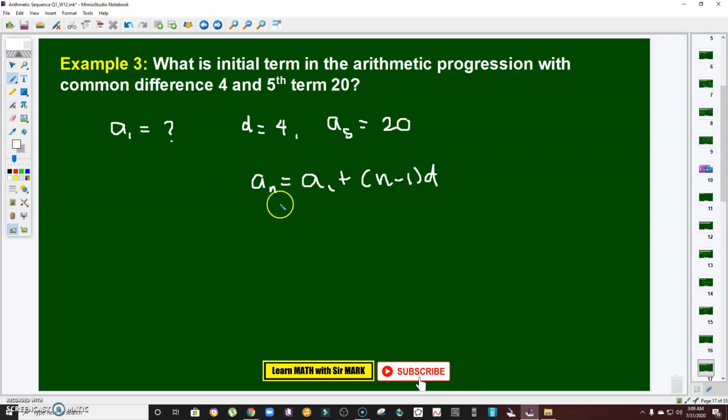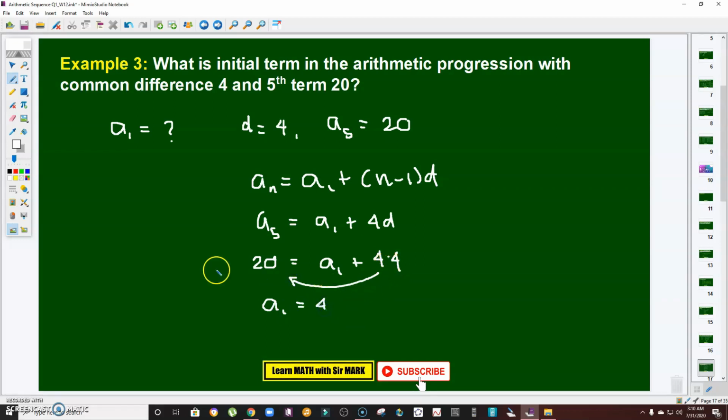Since given yung a sub 5, I'm going to let n equal 5. So, 5 minus 1 will be simply 4 times the common difference. Since meron na akong a sub 5, which is 20, and my common difference is 4, my first term here will be 20, transpose ko yan, 20 minus 16, or 4. See that? Therefore, ang first term ko is 4.